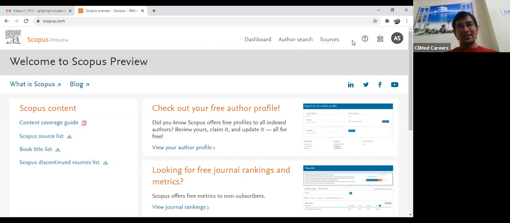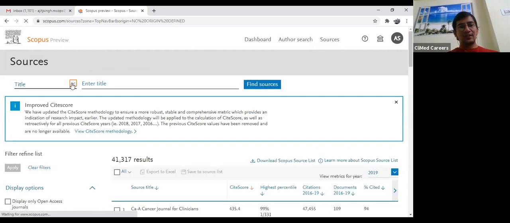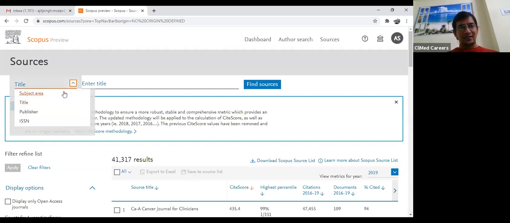Here you can see, you can go to the sources. You can follow my cursor here, sources, at the right upper side. Click on the sources. Then in the sources, you can select anything like your subject area. If you directly want to search your journal in Scopus, you can search here with the subject area.